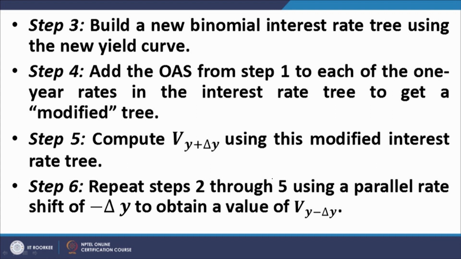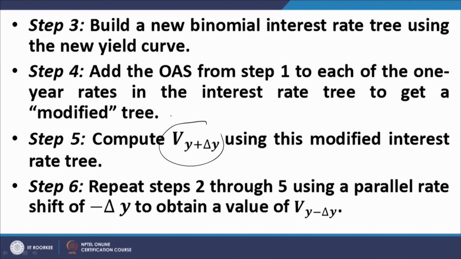Now, you add the same delta that you had calculated in step 1 to the new benchmark rates, which are the increased benchmark rates by a figure of delta y over the initial benchmark rates. Then you add the option adjusted spread and you calculate the price. So, that will give you V y plus delta y.